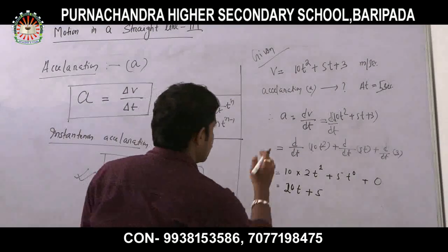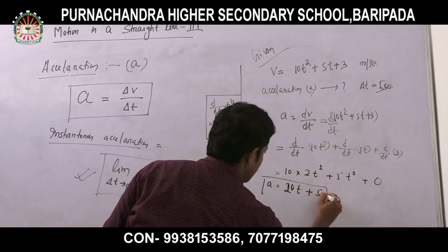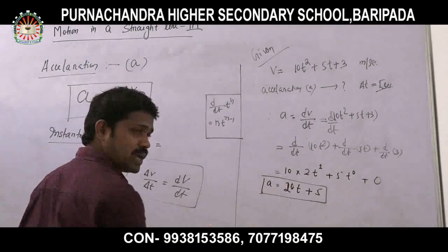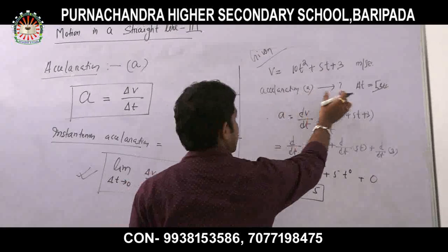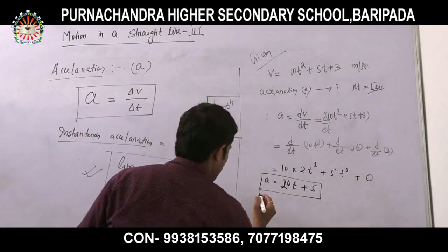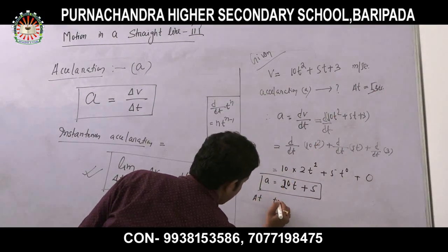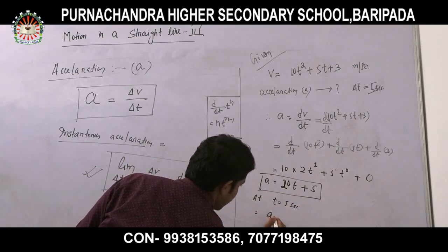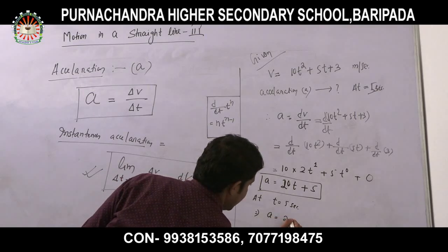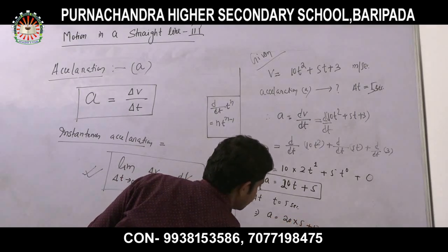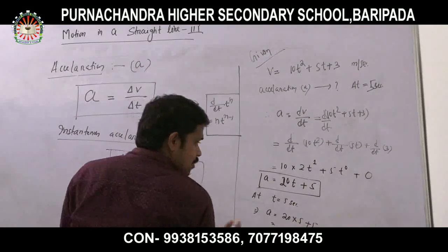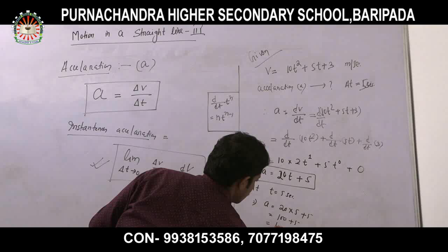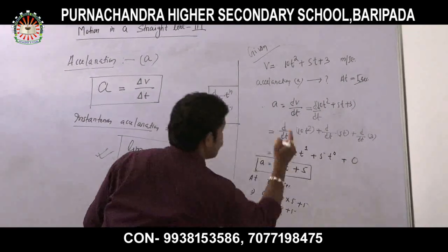20t plus 5. So this is my acceleration expression. Which type of acceleration? The instantaneous acceleration, which is a function of time. But we have to find out the acceleration at a particular instant, at 5 seconds. So let us find out. At t equal to 5 seconds, a is equal to 20 into 5 plus 5. So 20 into 5 is 100 plus 5, so this is 105.